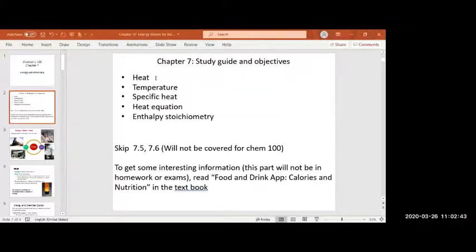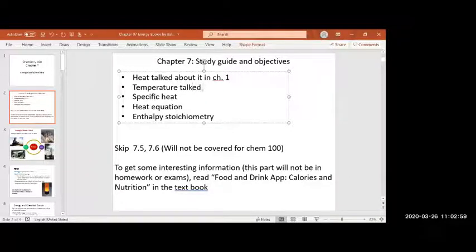So look at here, the heat, talked about it in chapter 1. Temperature, talked about it in chapter 1. Also the specific heat, talked about it in chapter 1.